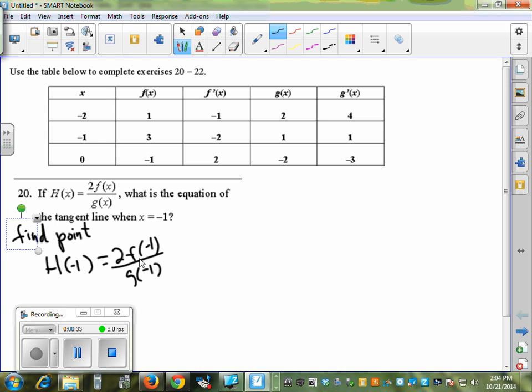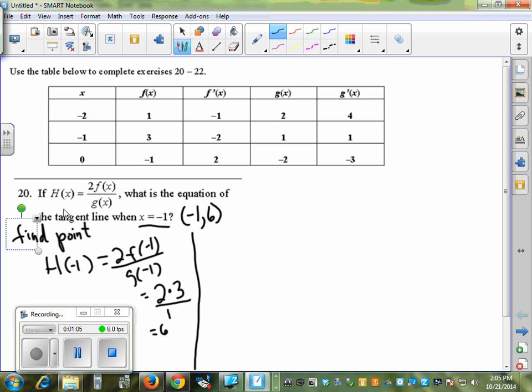So the point is going to be 2 times the value of the function when x is -1, that's 3, over the value of the function g when x is -1, that is 1, so that's 6. So the point we're talking about is going to be -1, 6. That will be the point of tangency.